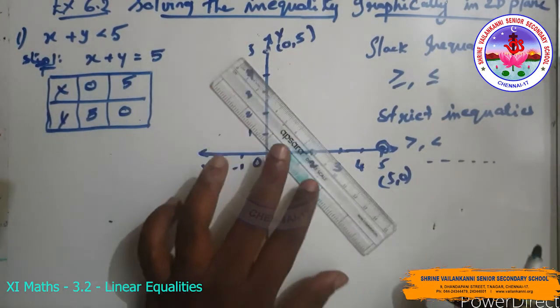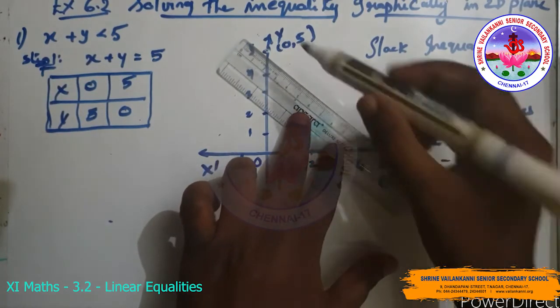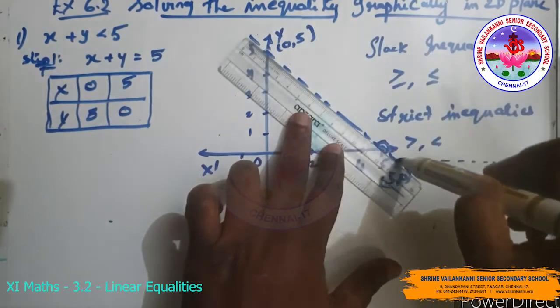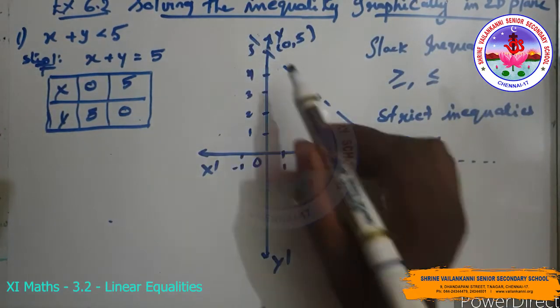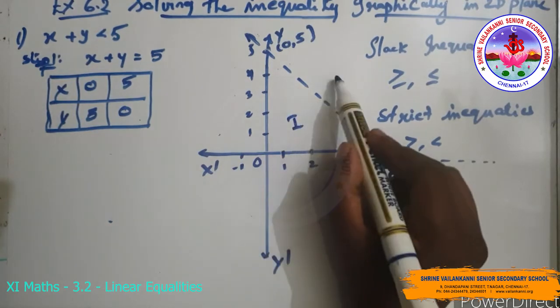Joining these two points using a dotted line. This line divides the xy plane into two half planes, 1 and 2.